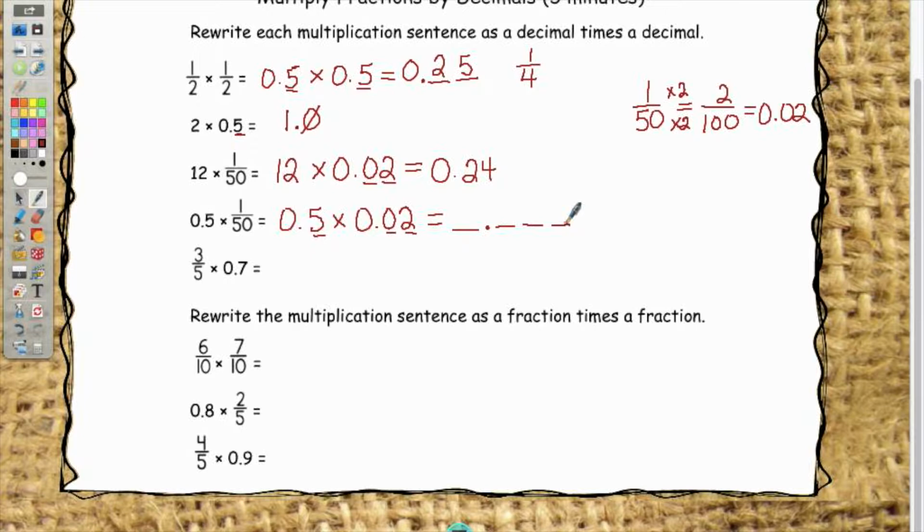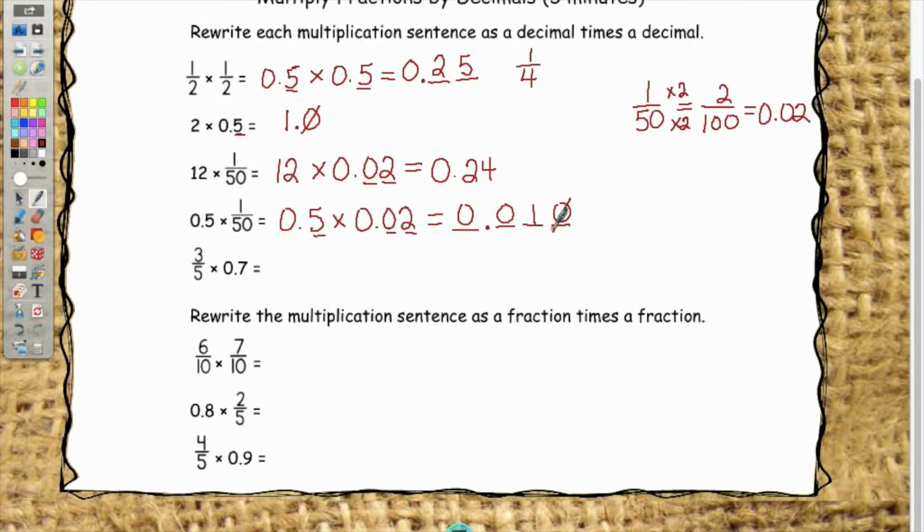So it's going to be 10 thousandths. Where did I put the 0? Where did I put the 1? We got it. That's 10 thousandths. Could we rewrite that or say that differently? 1/100th. So 10 thousandths is the same thing as 1/100th.